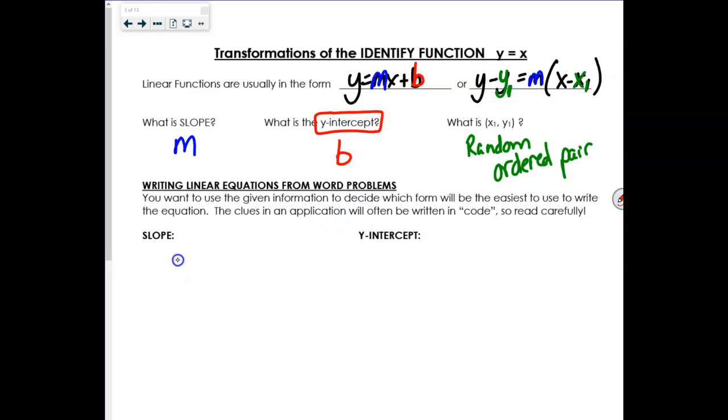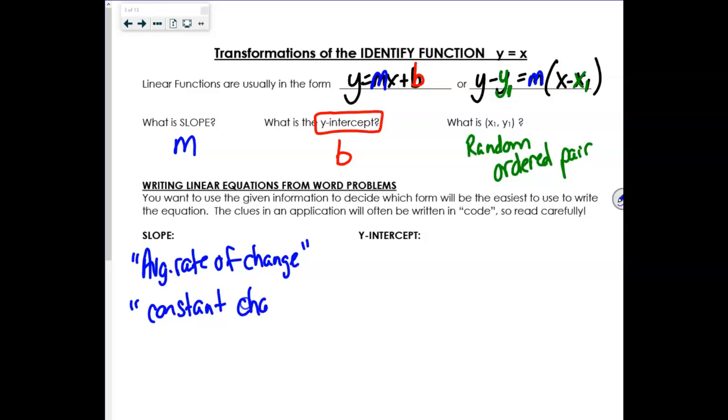So here are some phrases that you're going to see when they're referring to slope. You're going to see things like average rate of change. You're going to see things like constant change. You might see some phrase that says change in, and then something like change in height, change in money, change in time.